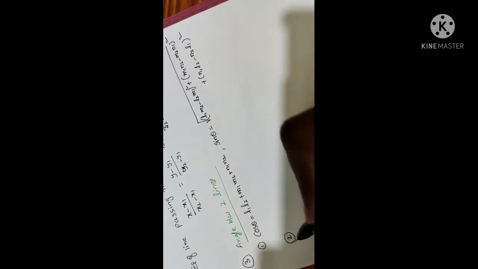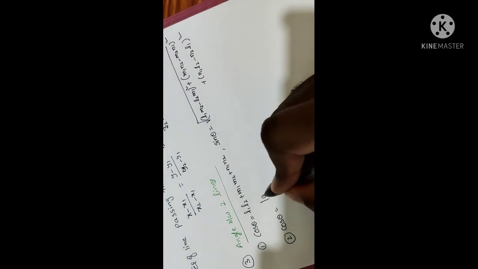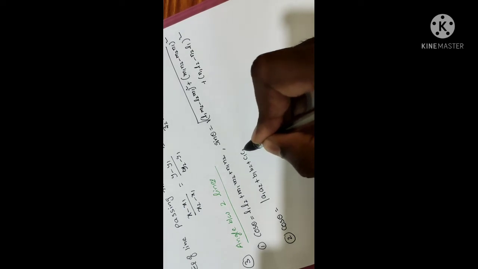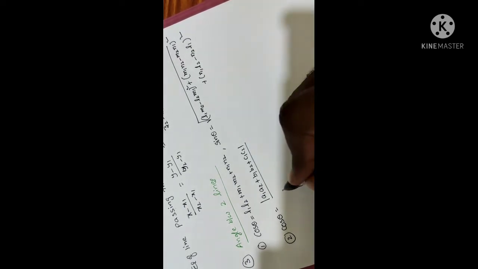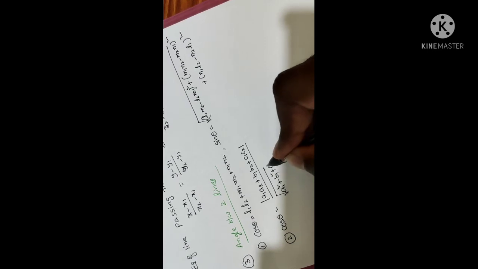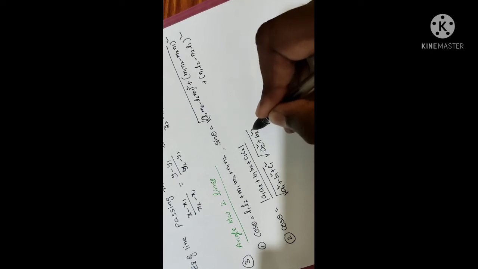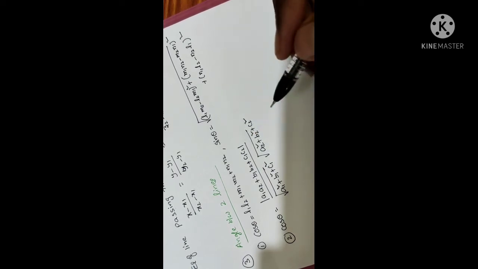Same formula if DRs are given, then how to write? Cos theta equals modulus of A1 A2 plus B1 B2 plus C1 C2 by under root of A1 square plus B1 square plus C1 square, under root of A2 square plus B2 square plus C2 square.